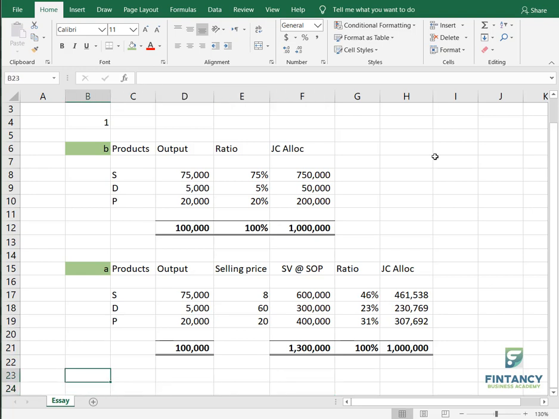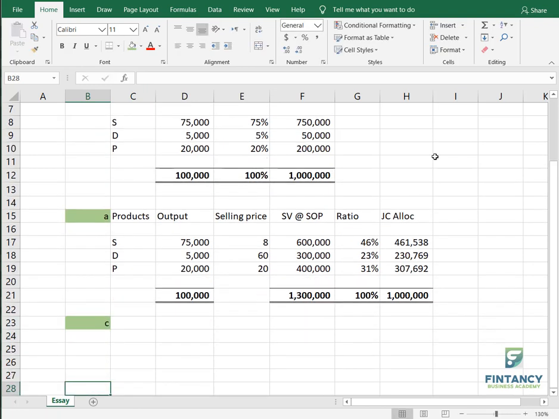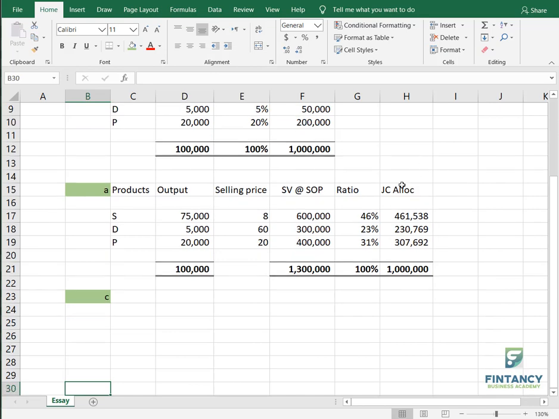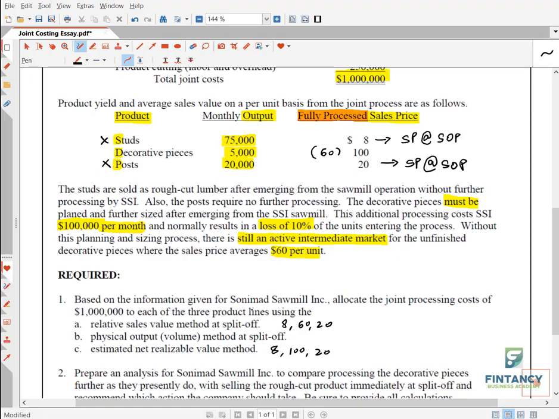Okay, now I am doing with you C, which is further processing cost and NRV method. Okay. So remember we did in the last class NRV method in which you have further processing cost. Remember? So they are saying you further process the decorative pieces.